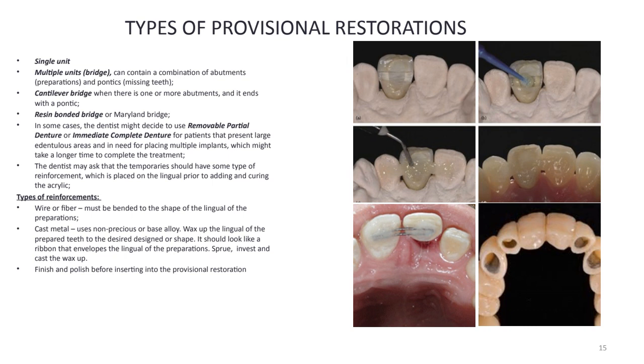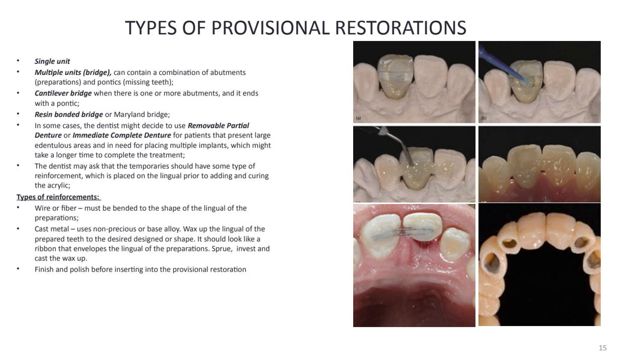Okay, some of the restorations may also use reinforcements, and those are materials that are used to strengthen the provisional restoration, in cases where the patient has to wear the provisional restoration for a longer time, or we know that the patient has a strong bite or suffers from bruxism, or if we're using a long span bridge and there are multiple pontics, maybe we want to have that restoration a little reinforced so it's a little bit stronger.